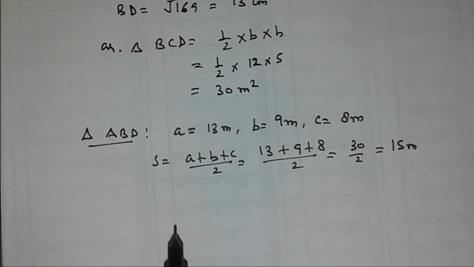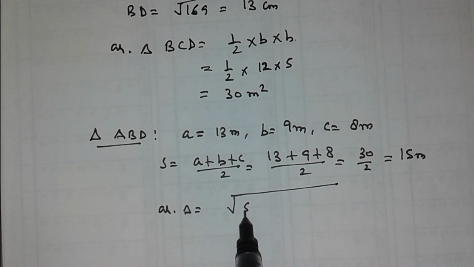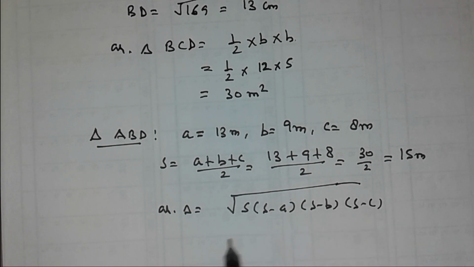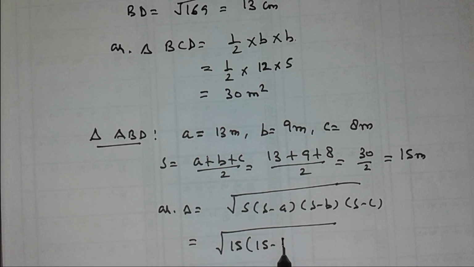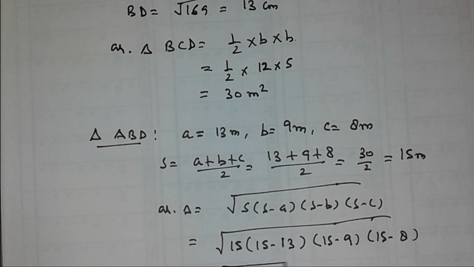Now use Heron's formula. Area of triangle is equal to root of s into s minus a, s minus b and s minus c. Put the values. s we have already got, 15, so it is 15 into 15 minus 13, 15 minus 9 and 15 minus 8. So this is equal to 15 into 2 into 6 into 7.